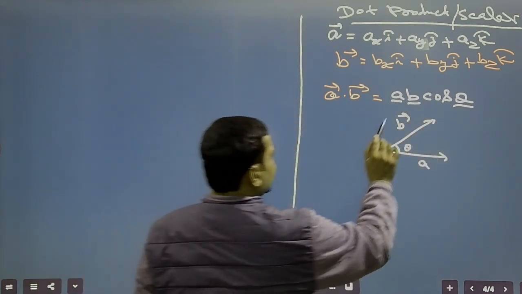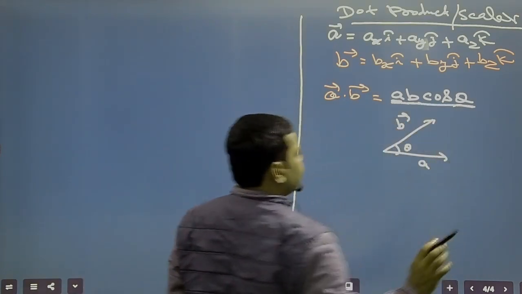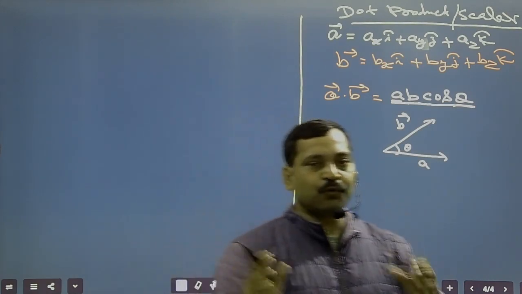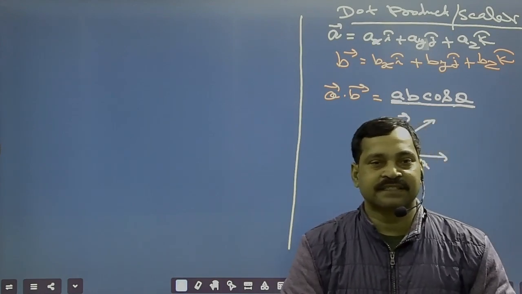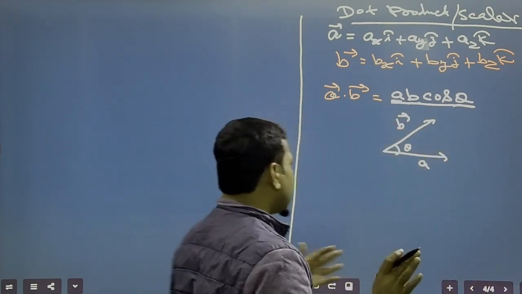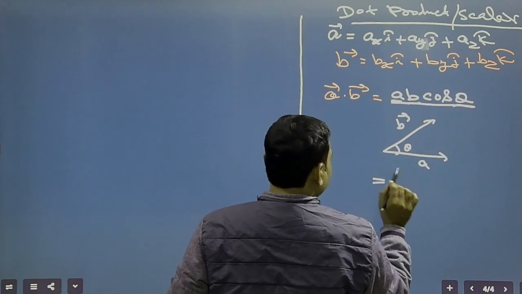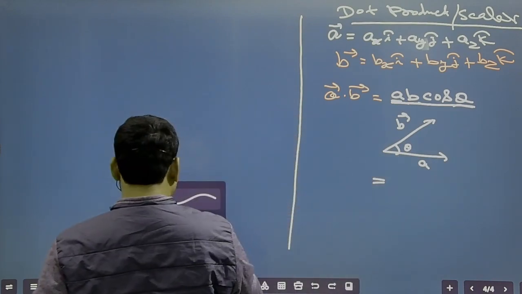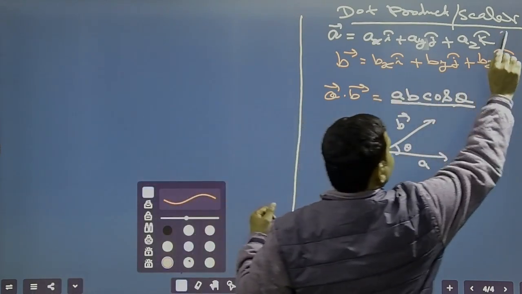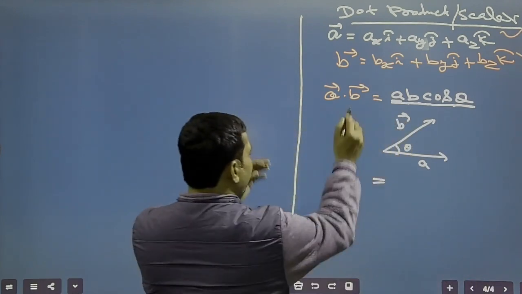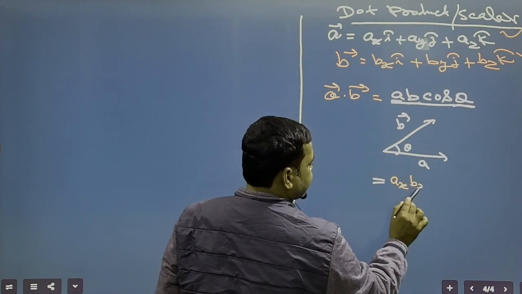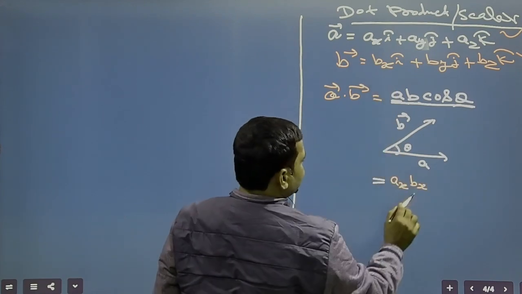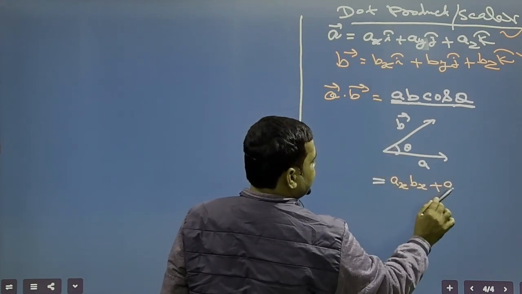Here the result is a scalar quantity because there will be no direction. That's why this is also known as a scalar product, right? So similarly, if you are given the components as discussed here, the dot product will be the product of their respective components and adding them.